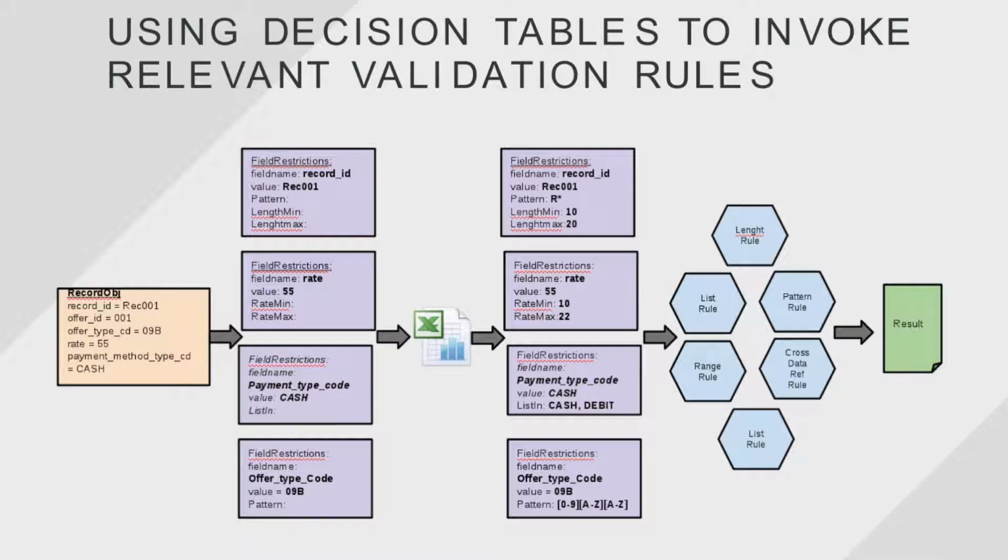These rules were then executed as part of the MapReduce job. As part of the MapReduce job, each record and field was split out into different objects, and this decision table then got executed. Let's say for the first record, the value is REC001. It has to have a certain pattern, a minimum length and a maximum length.